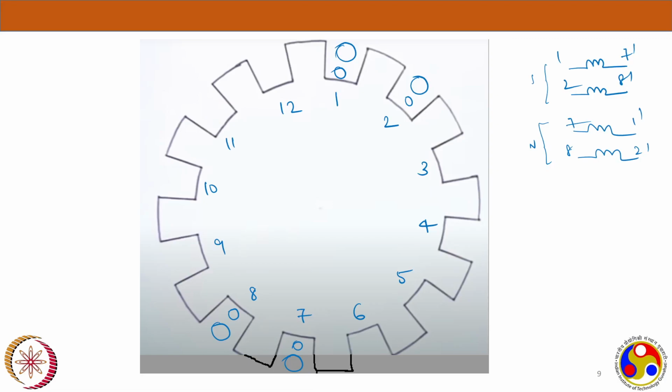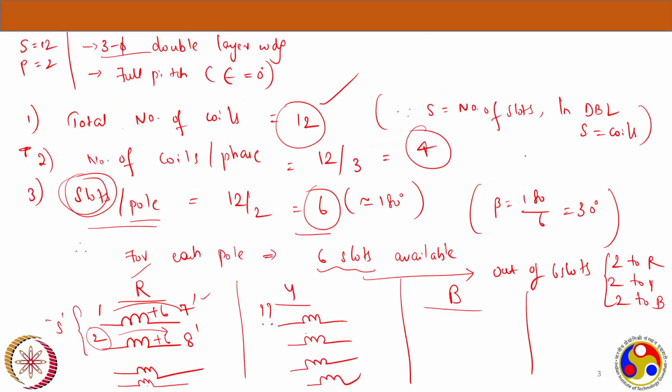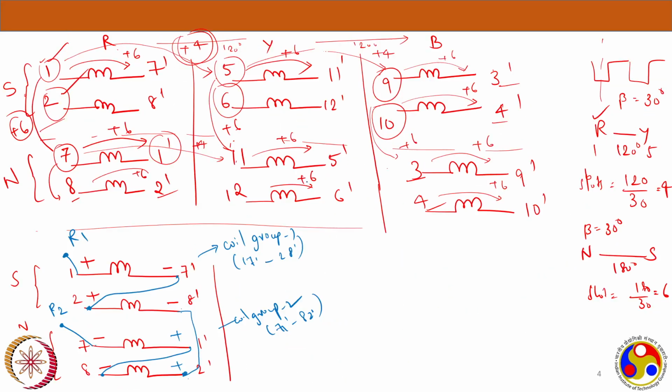Now the polarity is what is important. See, I have connected the coils: I have connected 8 to 2, and I have connected 1 dash and 8. So this is what we will see here clearly. If I am sending the current here, the entire coil comes down to this.